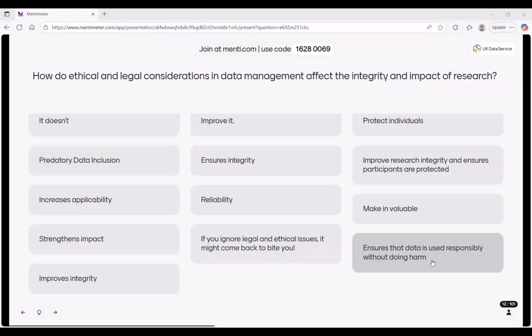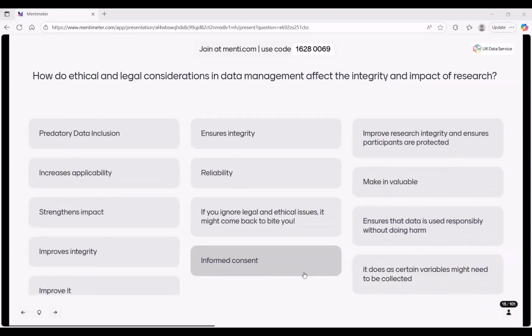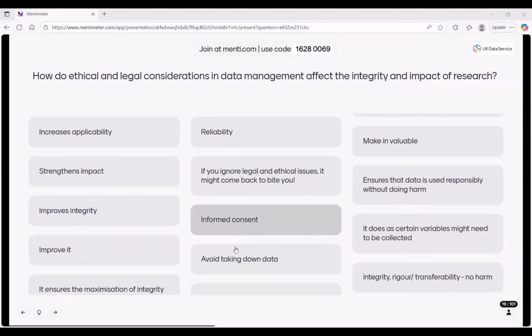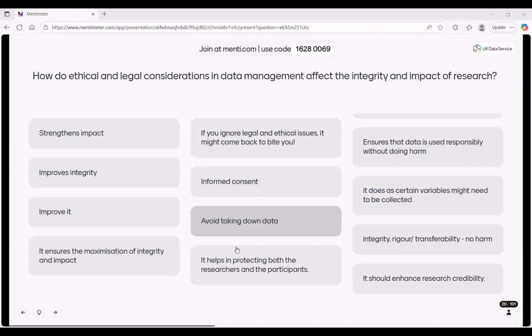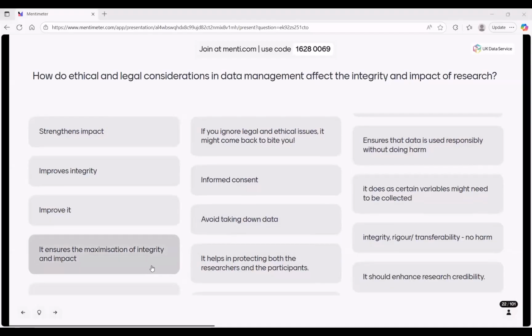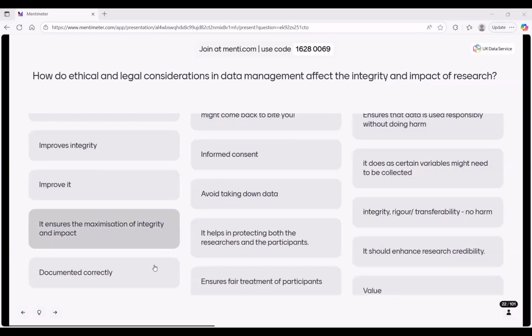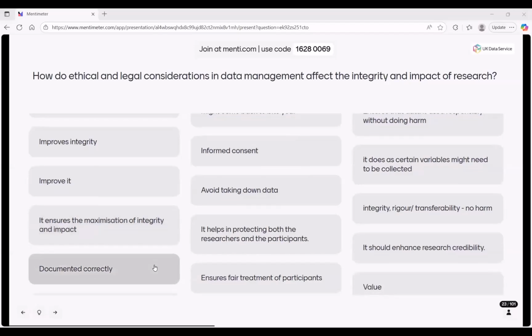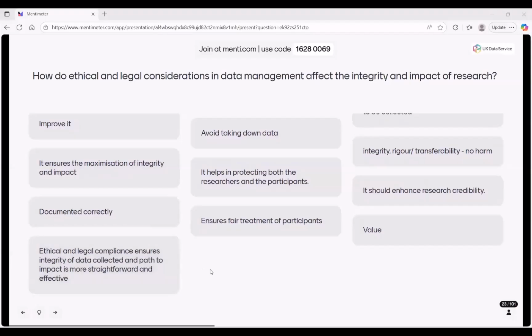Ensures that data is used responsibly without doing harm. Correct. If you ignore legal and ethical issues, it might come back to bite you. That's right. Informed consent, avoid taking down data. Exactly. It ensures the maximization of integrity and impact, documented correctly. That's right.